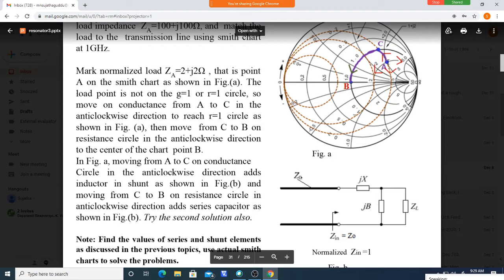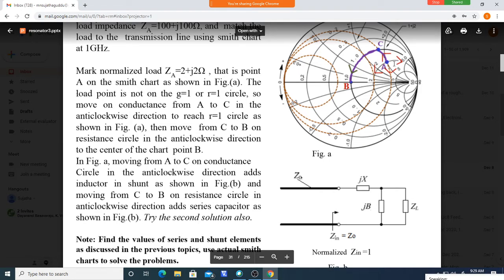We can get a solution by moving on the conductance circle passing through this point, either in the clockwise or anti-clockwise direction, or moving on the resistance circle in the clockwise or anti-clockwise direction.